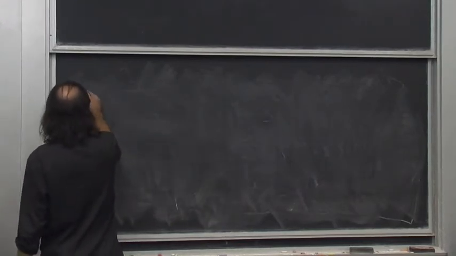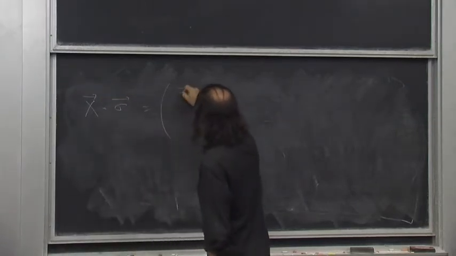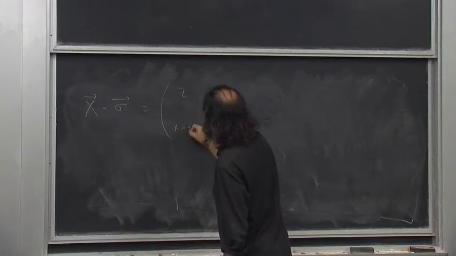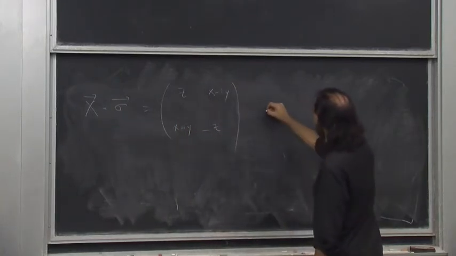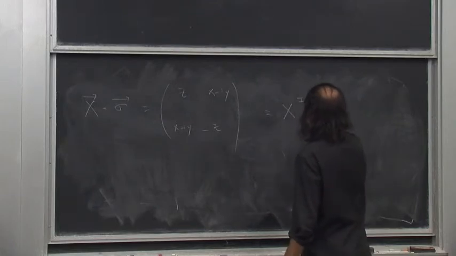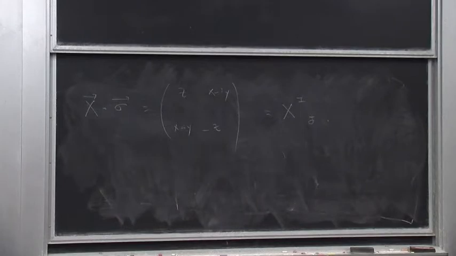You are familiar with the fact that we can take x and dot it with the Pauli matrices. This gives us the famous z, x minus iy, x plus iy, and minus z. But in the language of what we're talking about, this is something in SU2 with one upstairs and one downstairs SU2 index.